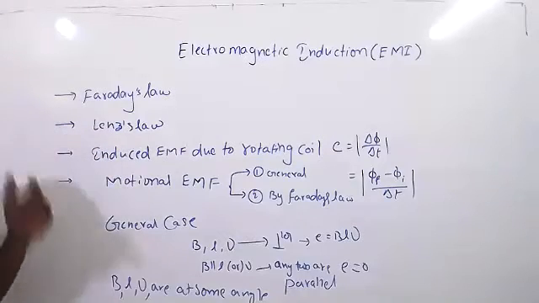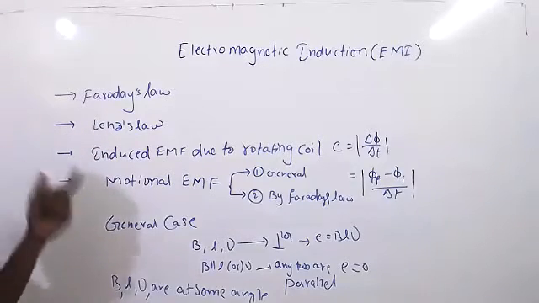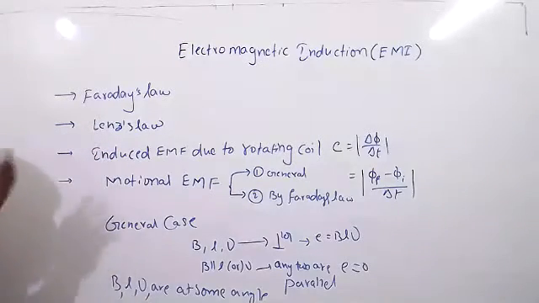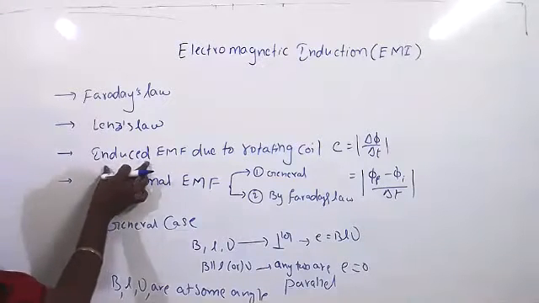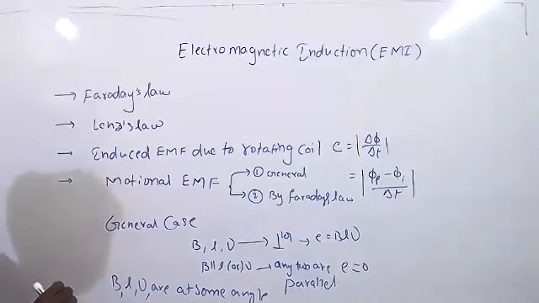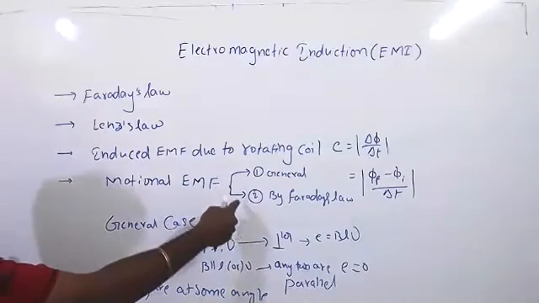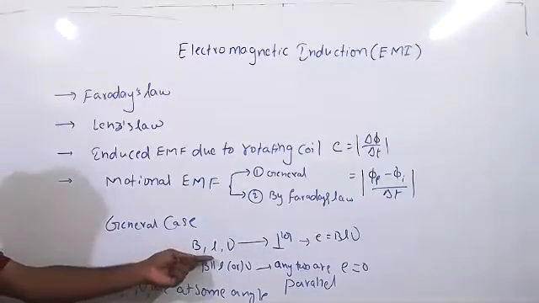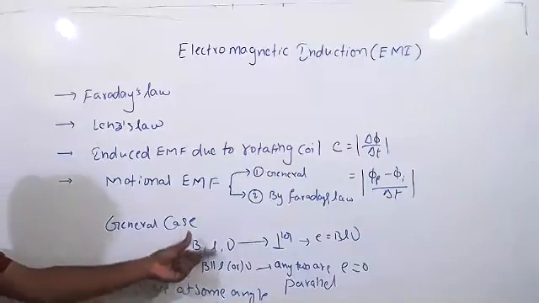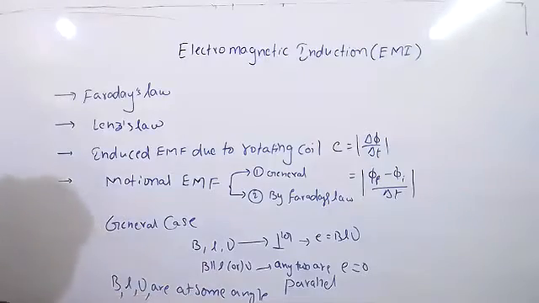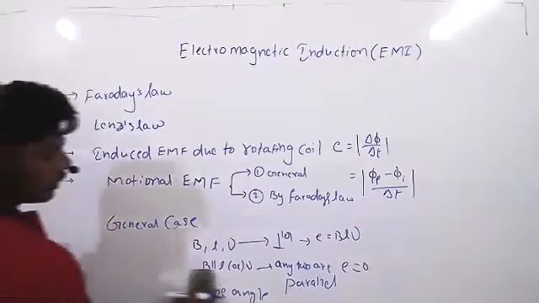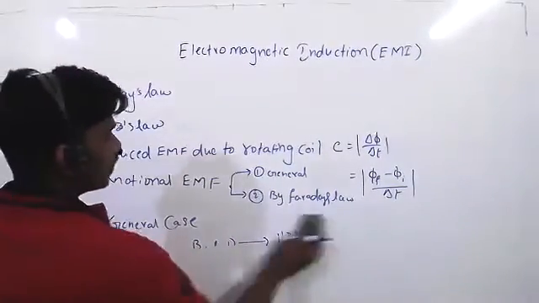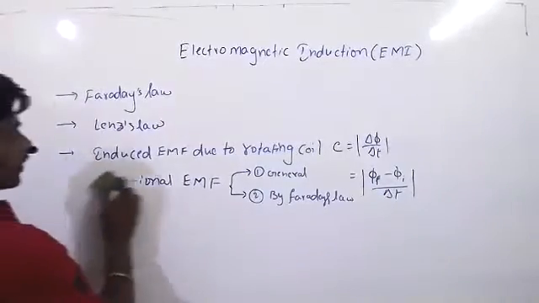How to find the direction I also gave. The direction of induced EMF always opposes the cause producing it. After induced EMF due to rotating coil, we solved some sums, and motional EMF general case, and this one is very important. I gave 3 points in that note. Remember this. This is what we discussed in the last class.